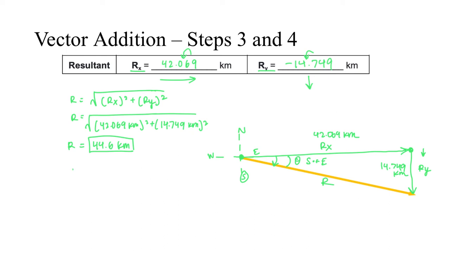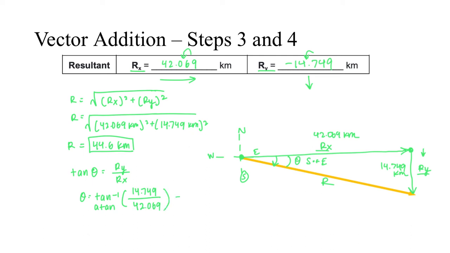So I can use my good friend tangent of theta. In this case it is r sub y over r sub x, right? The opposite side over the adjacent. So that means that theta will be tangent inverse, or in your calculator it might be arctangent, of 14.749 divided by 42.069.